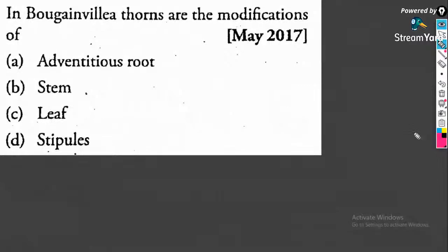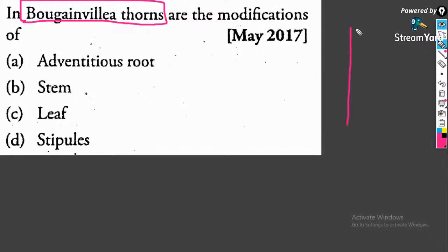Bougainvillea thorns. Today's class will be discussing it. Bougainvillea thorns are the modifications of... Guys, it's the stem of Bougainvillea.